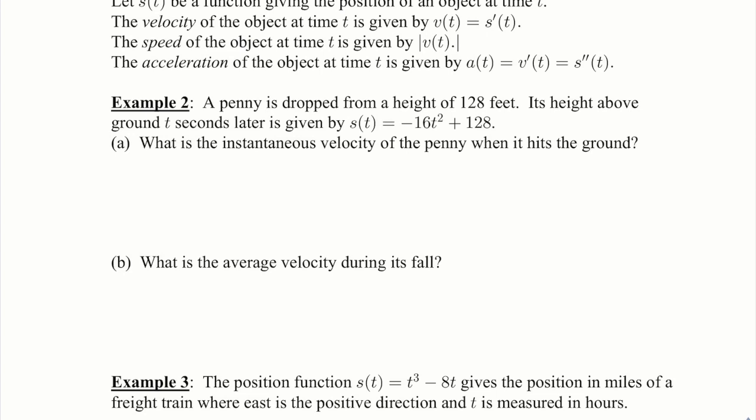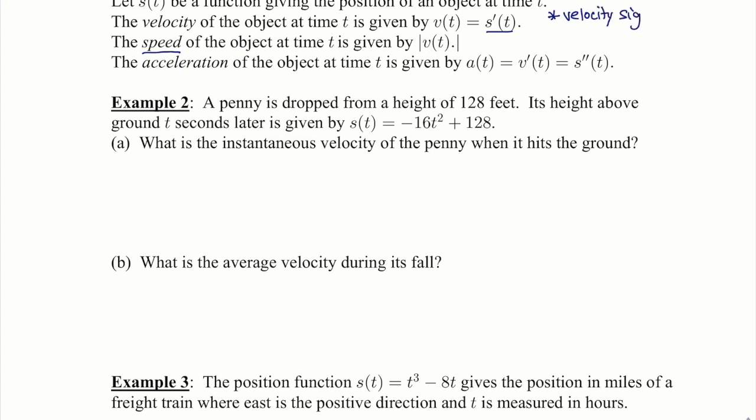So if s of t is a position function, the velocity, that would be the rate of change of the position, is the first derivative of the position function. And the speed, we want to be careful, is actually not the same as the velocity. It's almost the same as the velocity, but it does not include a negative sign ever. So the speed doesn't give us any information about direction. It's just the absolute value of the velocity, right?